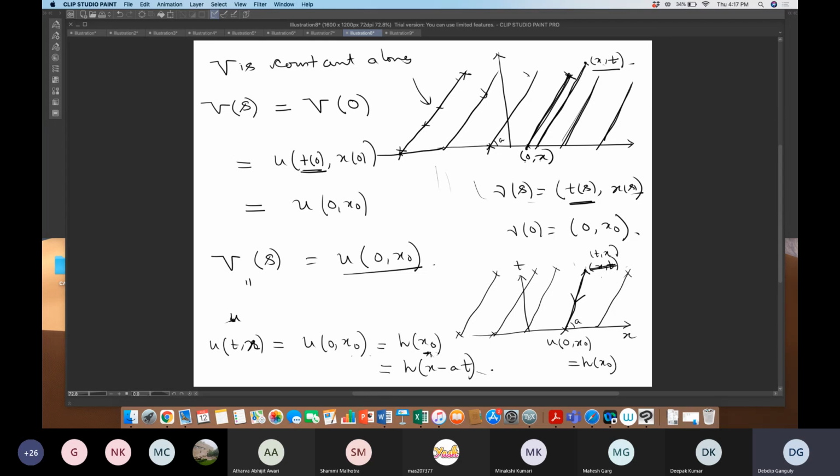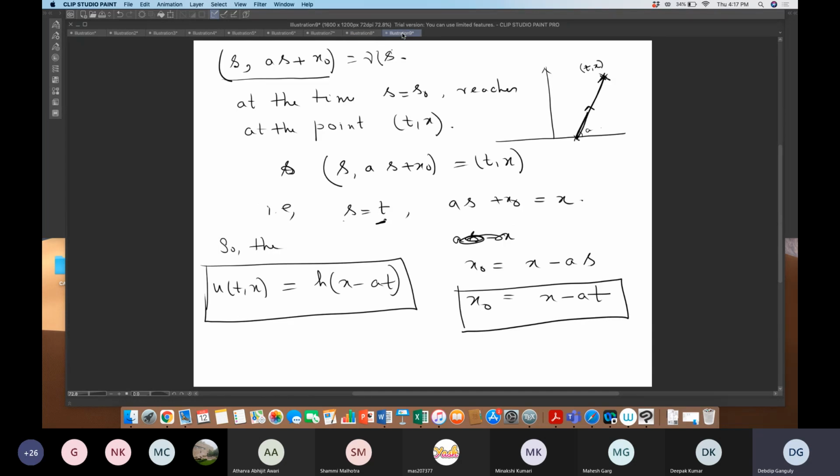But now you have to find x naught, which you can compute using the straight line: x naught is x minus a t. So if u is a solution, then u of (x, t) should look like this.